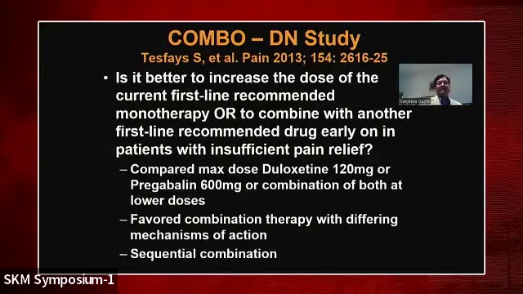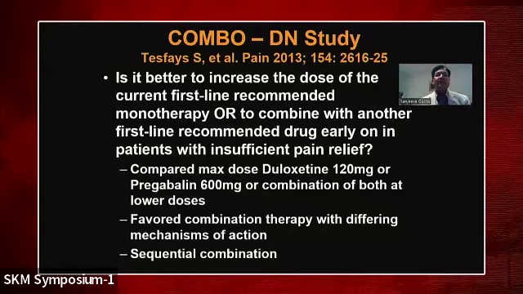Combo therapy is important. This study looked at either monotherapy or combination therapy of duloxetine and pregabalin. And what it found was that combo therapy was more effective with fewer side effects. Just as an example, say you started a patient on amitriptyline 25 milligrams, and the patient cannot take more than that because of side effects.